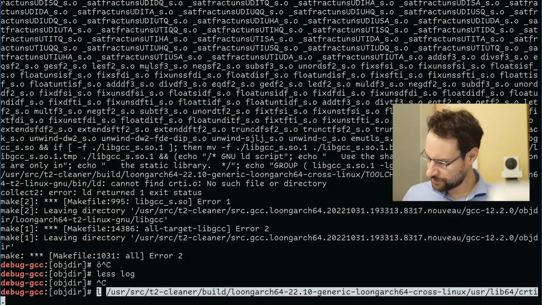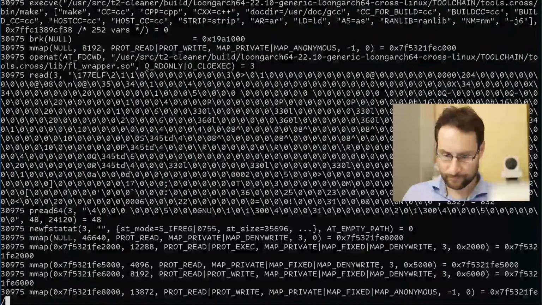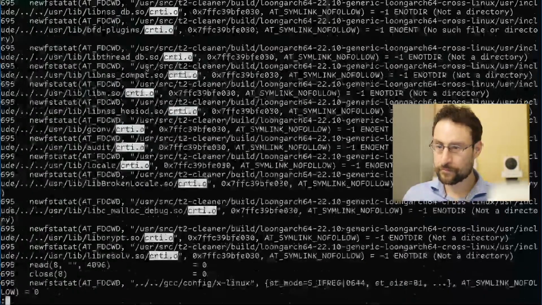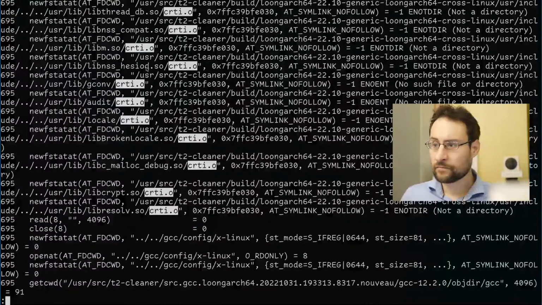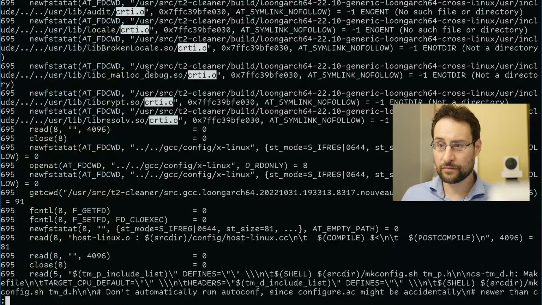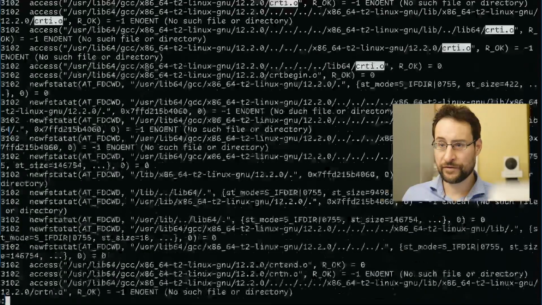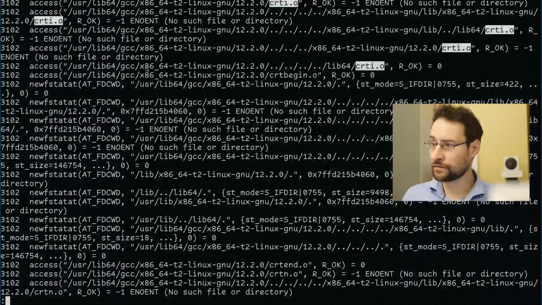Oh wait a second, build... Oh no, that's not the right path. What is it even doing there? Where the heck is it even looking for that?